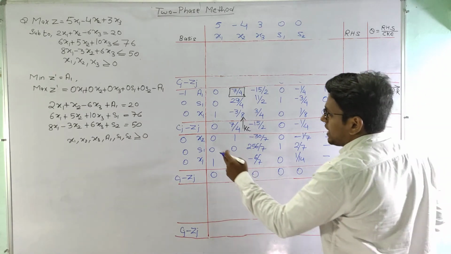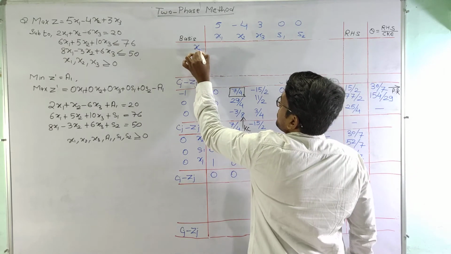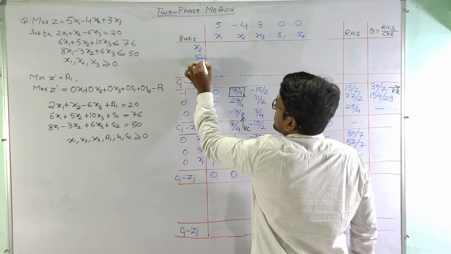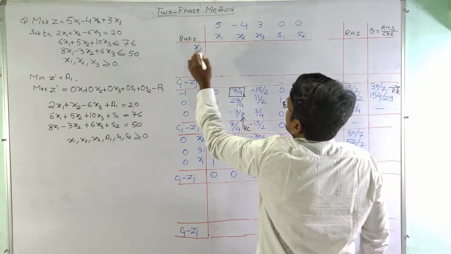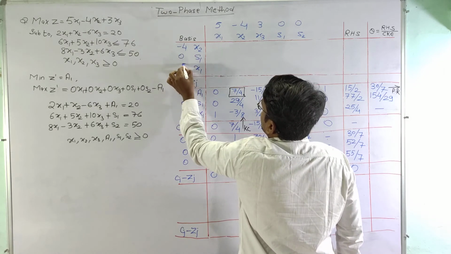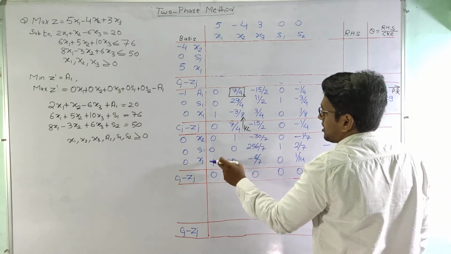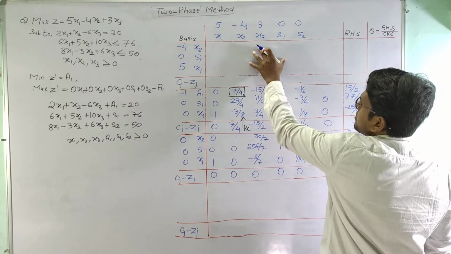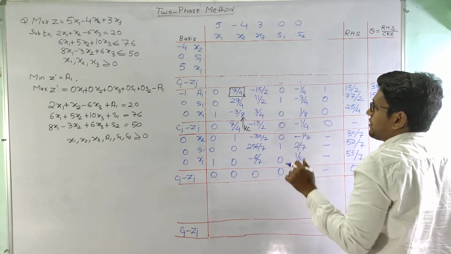Now as we can see here, these are our basic variables x2, s1 and x1, and the original coefficients of these are -4, 0 and 5. And now I am exactly replicating this in the first matrix of phase 2.